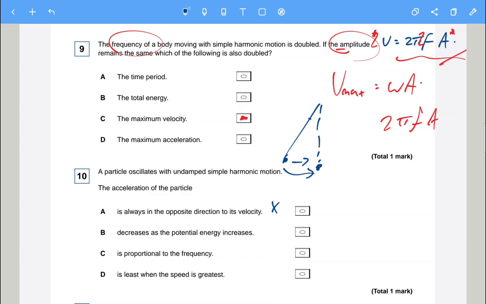The extent of the particle decreases as the potential energy increases. No, the maximum potential energy, remember, is at the extremes, which is also when the acceleration is a maximum, so that's backward. Proportional to frequency, no. Is least when the speed is greatest. So the acceleration is least when the speed is greatest. Yeah. So through the centre, maximum kinetic energy or max velocity.